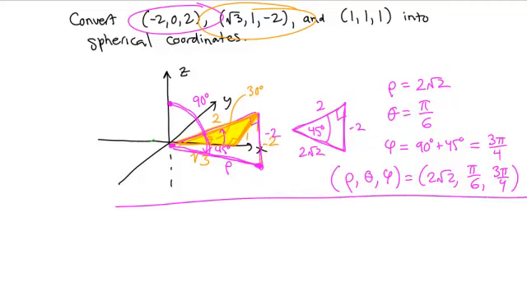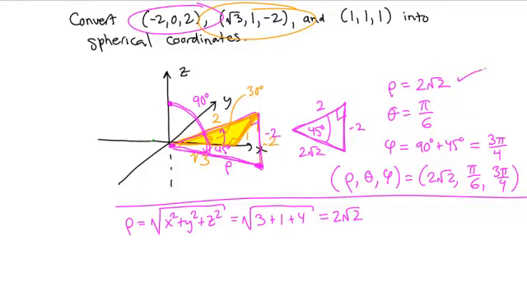Alternatively, we could go and use the conversion formulas. The first conversion formula, rho, would say that we're looking for the square root of x squared plus y squared plus z squared. So in this case, that would be the square root of root 3 squared, which is 3, plus 1 squared, plus 2 squared. So that's the square root of 8, or 2 root 2, which checks with our previous work.